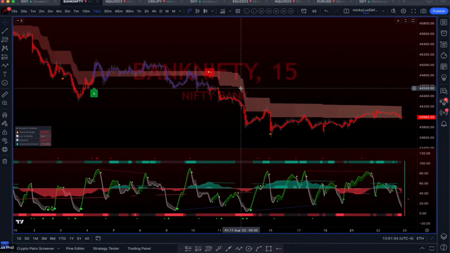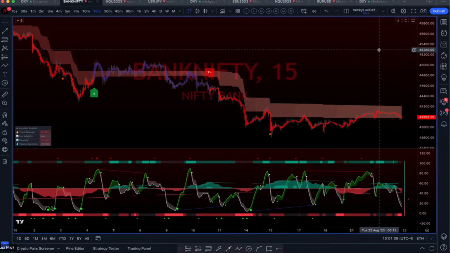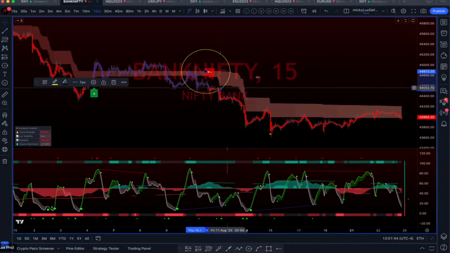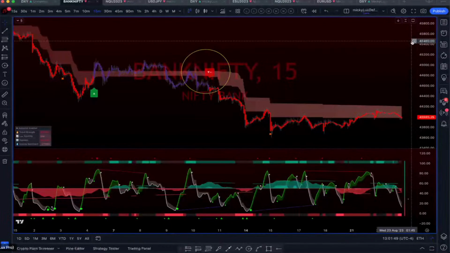Yesterday, overnight, I'm looking for bearish entries. Here is that one signal. That was your only shot. Just like Jacob says, this is a different market, a ranging market, as you can tell.